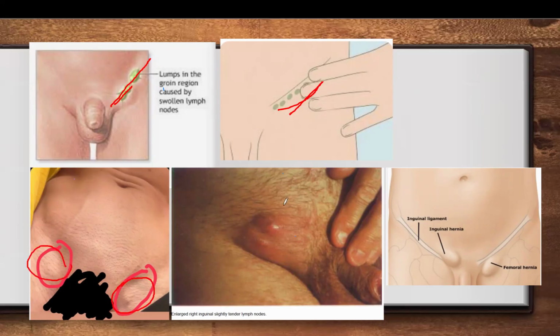Again, these are the inguinal lymph nodes, enlarged, slightly tender lymph nodes. And this is the position of the hernia. The direct inguinal hernia is above and medial to the pubic tubercle, and the femoral hernia is below and lateral to the pubic tubercle.